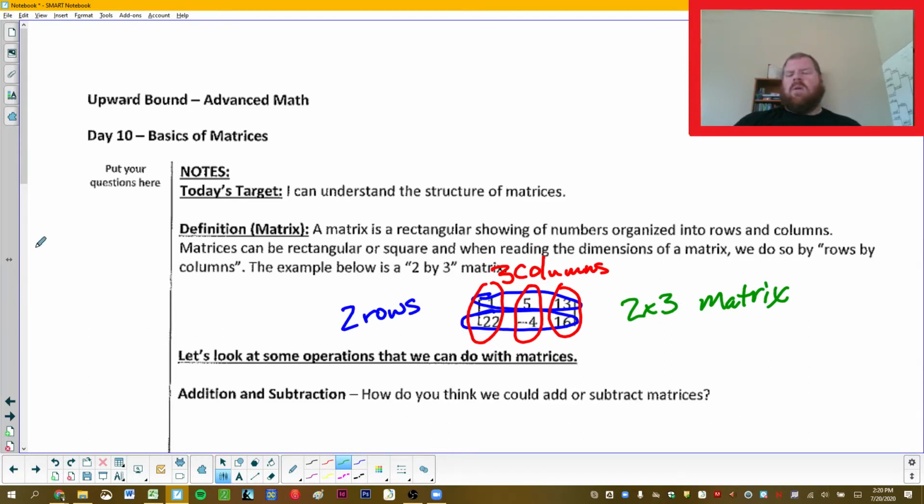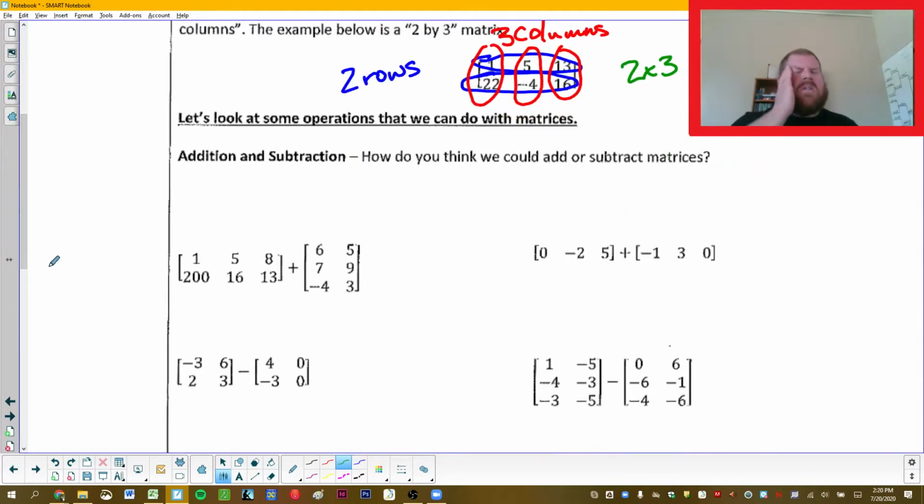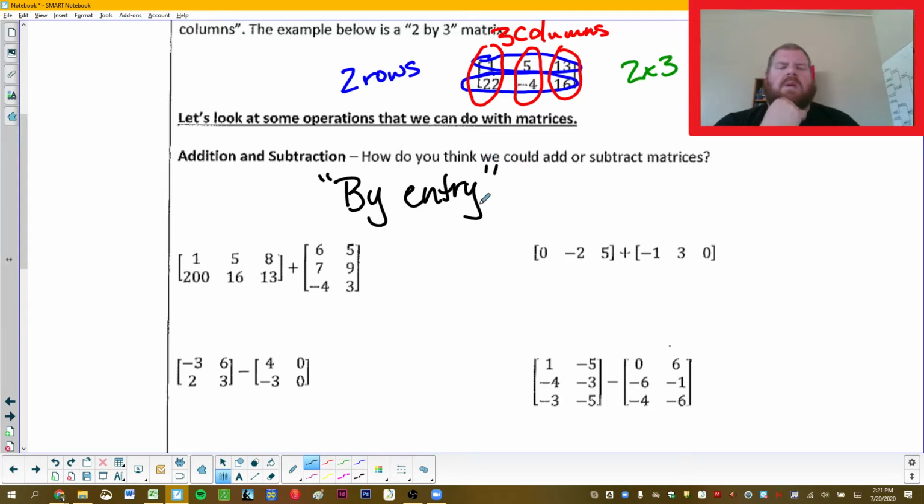So let's look at some of the operations that we can do with matrices. Addition and subtraction. How do you think we might add or subtract matrices? Well, it might not really surprise you to think that we do so by entry. The by entry idea means position by position.